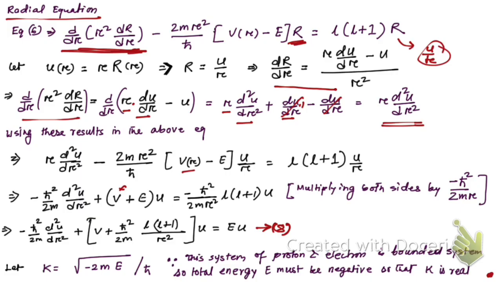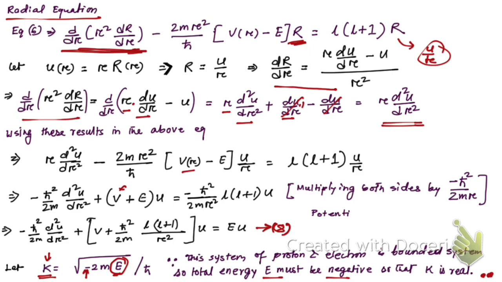If E is positive, then the term under the root will be negative, so in that case k will be imaginary. If E is negative, then it will be real. And for a bound system, E must be negative.